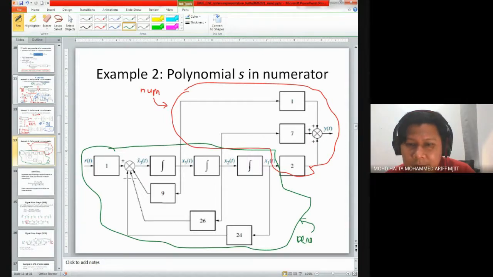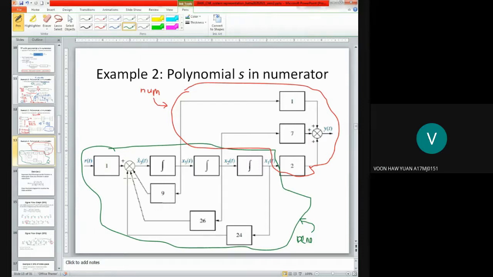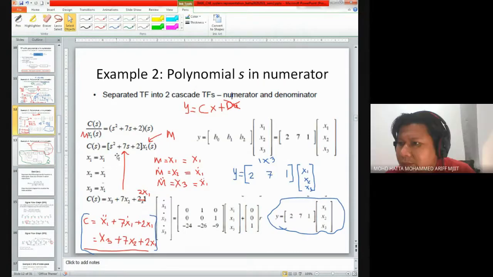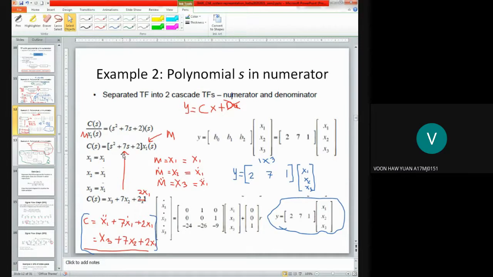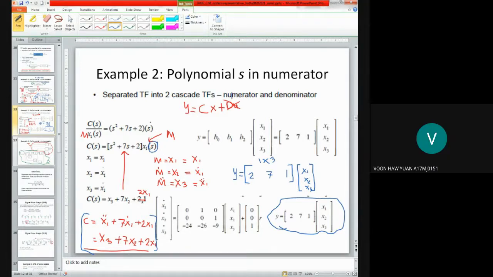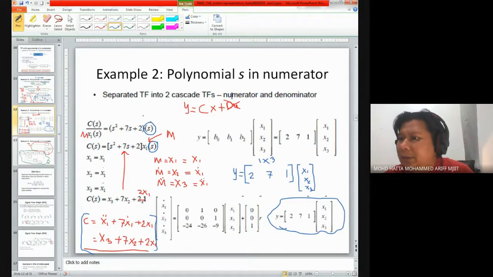Doctor, for the C(s) over X1(s), the S at the back of the equation, s squared plus 7s plus 2, what does that S mean? Oh, this one? Okay, this is the Laplace operator, meaning that it's in the Laplace domain. Maybe we missed something over here.